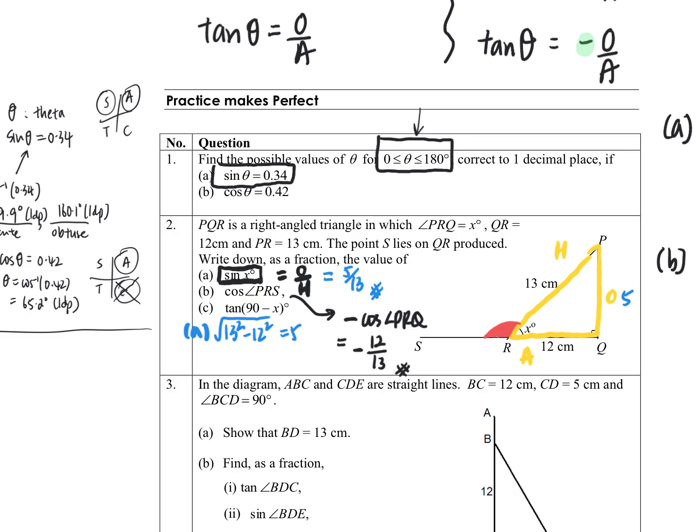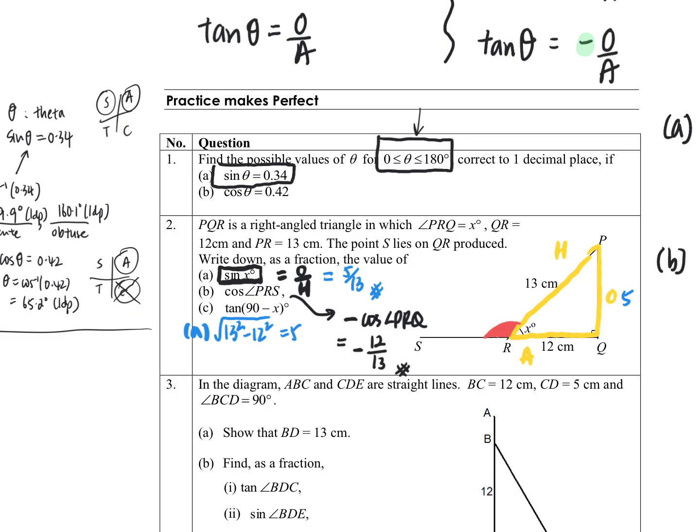Okay, PRS is this obtuse angle. So I'm interested in finding the angle beside it, which is the acute one. Same thing, when I was at 150, I go into my second quadrant, but I cannot find the ratio using a non-right angle triangle. I have to look at the ratio beside it. The relationship for cosine 150, when I'm looking at the triangle form, is negative root 3 over 2, which is negative of cosine 30.